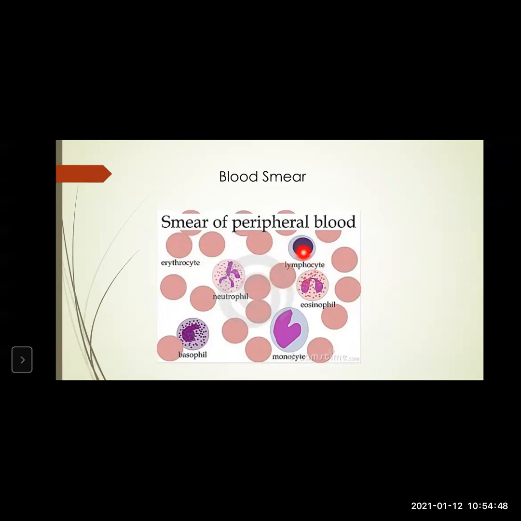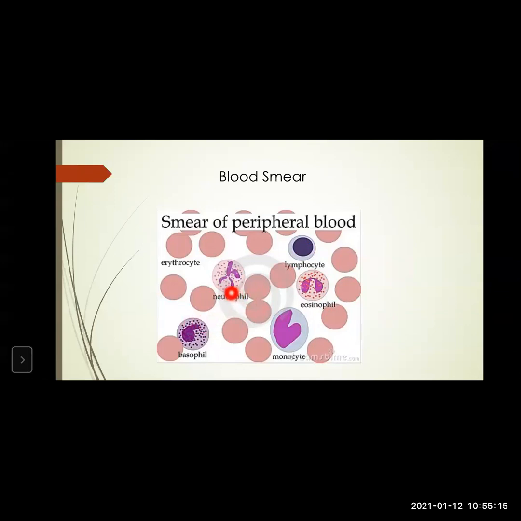You can see that the nucleus of each of the cells is different. This is a nucleus. Okay, lymphocyte has a round and big nucleus. Eosinophil has a bilobed nucleus. Neutrophil has a multi-lobed nucleus. Monocyte also has a very big nucleus. Basophil has a telephone receiver like nucleus.